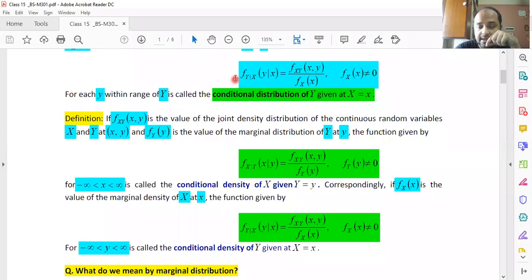But since the domain of y hasn't been specified, I'm just calling it the conditional distribution of y given capital X equal to small x. And here, since y has been specified, I am terming it the conditional density of capital Y given capital X equal to small x.